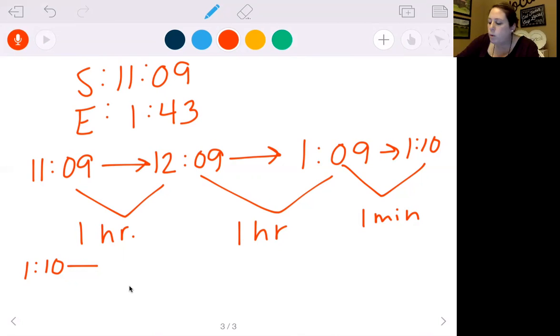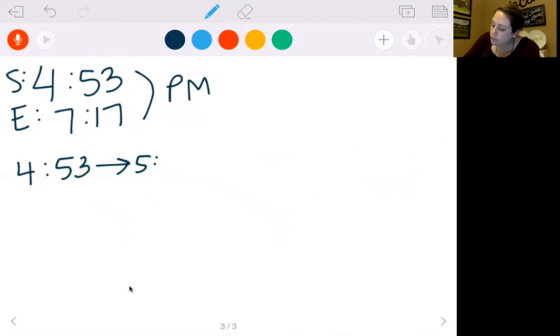Let's actually try one more like this one. Let's do 4:53 as our start and our end 7:17, and both of those are PM. Okay, so 4:53 to 5:53 is 1 hour. 5:53 to 6:53 is another hour.